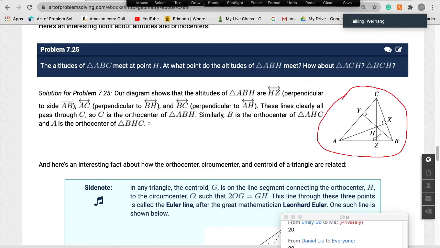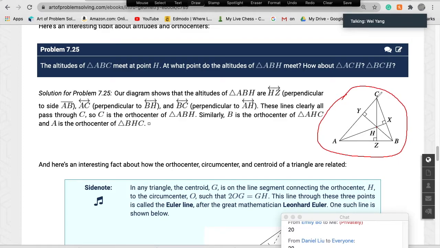We have triangle ABC here. Their altitudes meet at this point H. Then this asks you at what point do the altitudes of ABH meet. Say the altitude of ABH, this one CZ is also the altitude of ABH on AB, right?